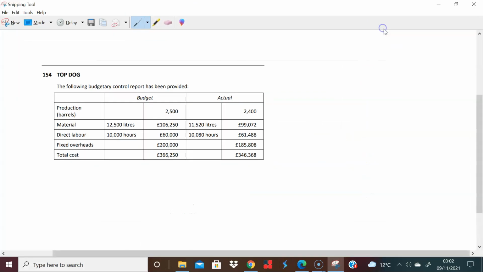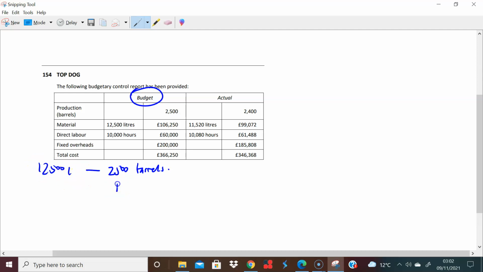But here we are. We have a scenario where we can get our standards. That's always the first thing: use this budget to get your standards, and then your variance analysis begins, because then we can move on to do a flex budget. So what's the story here? You're trying to produce 2,500 barrels, and to make 2,500 barrels you will need 12,500 liters.